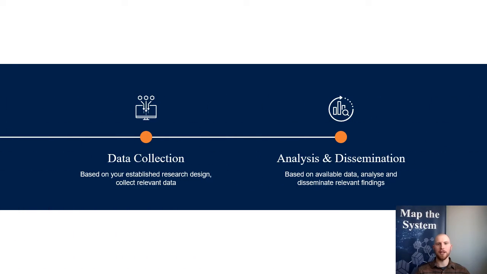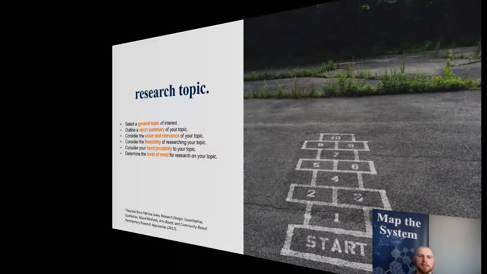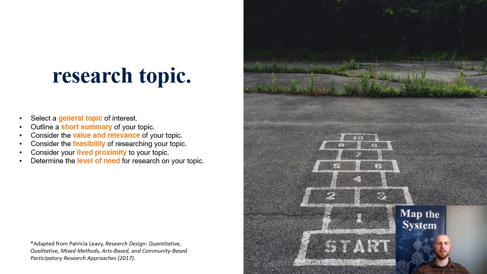And lastly, with one's methodology in place, the next general steps in research design are data collection and the analysis and dissemination of research findings. So, with that in mind, let's dive a little deeper into each of these steps.